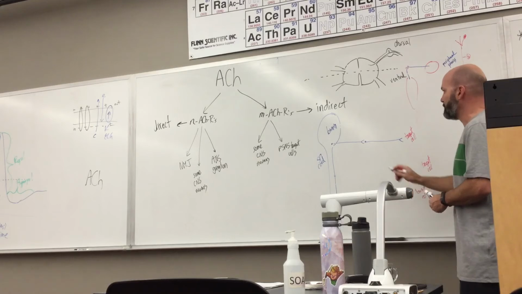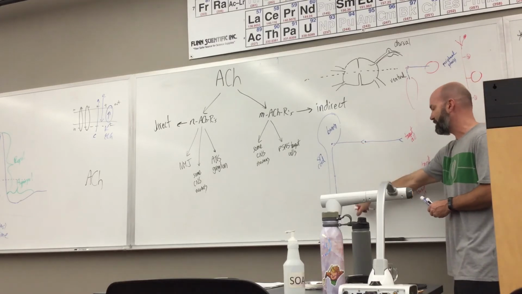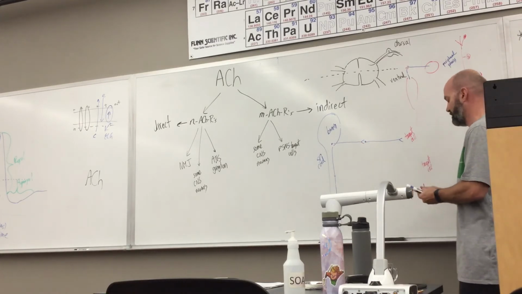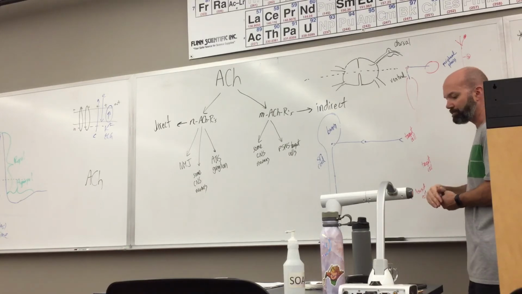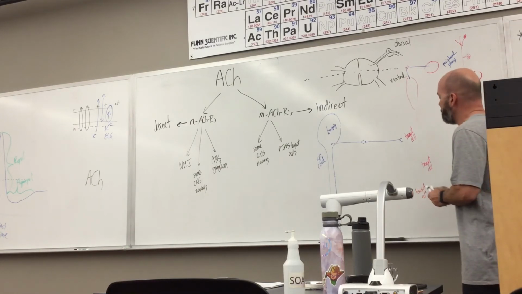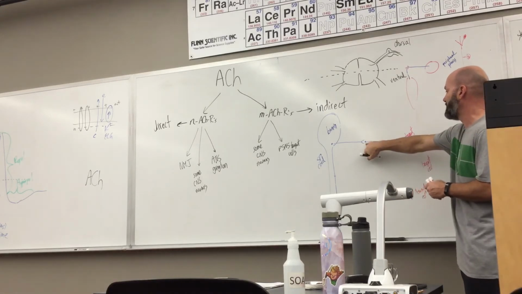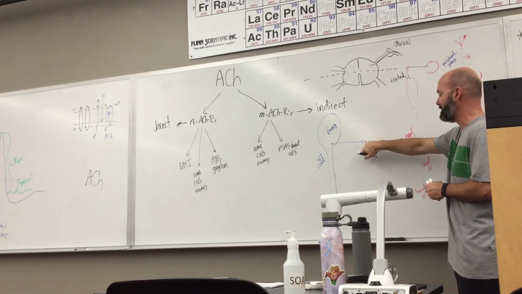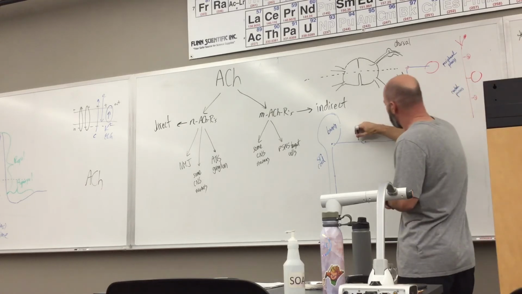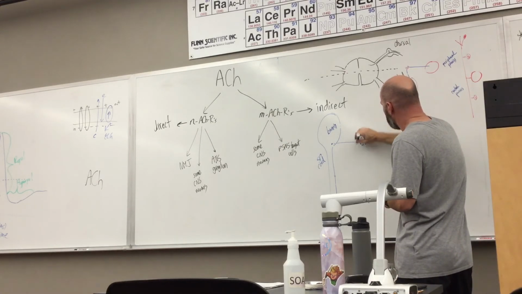What neurotransmitter is released from these preganglionic parasympathetic neurons? ACH. What receptor is it binding to on the dendrites and cell body of the postganglionic neuron? Nicotinic.